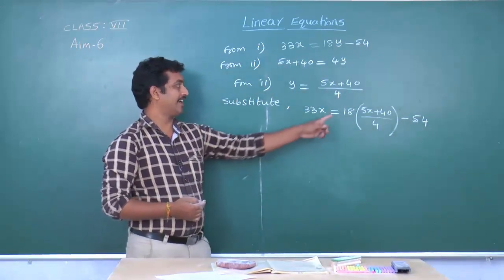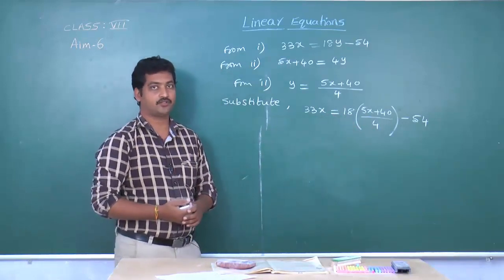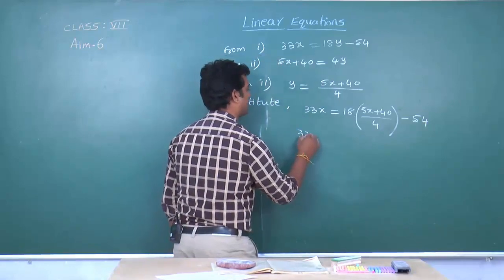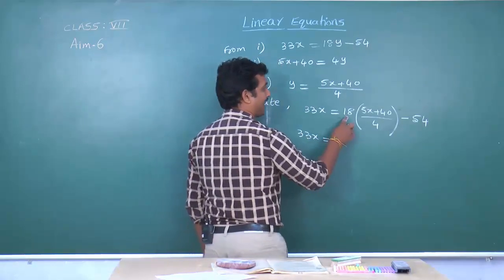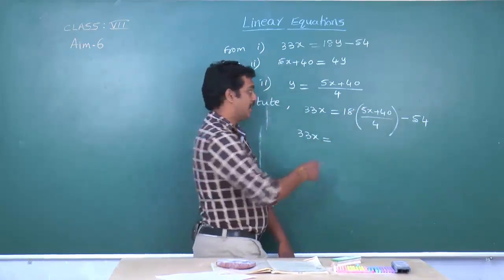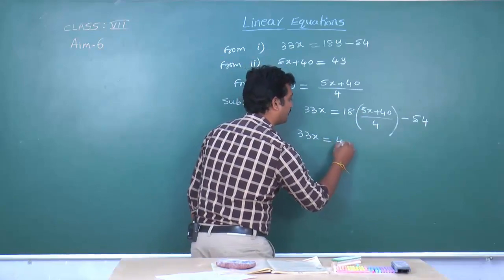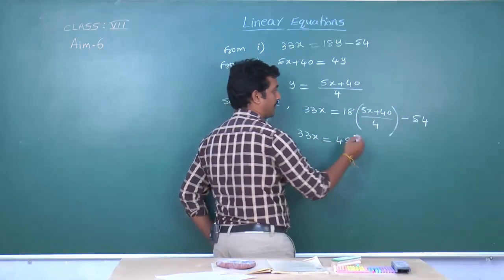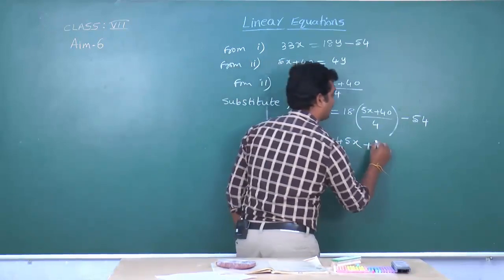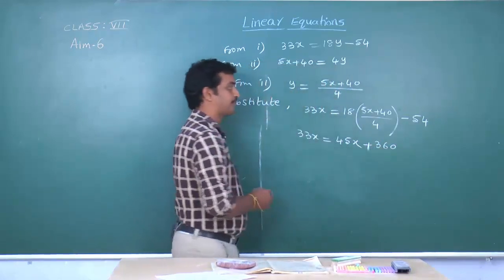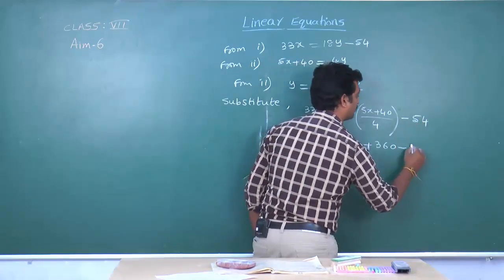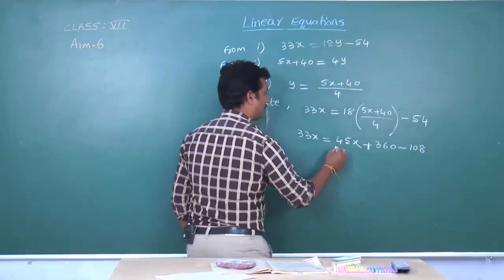Now 18 and 4 get cancelled. There is a common factor 2 between these two. Therefore, after that, take 2 as the LCM. Then it becomes 33x minus 9 into 5, because I already cancelled 2, 9 5s are 45x, plus 9 into 40, 360, minus 2 into 54, 108 by 2 is there.